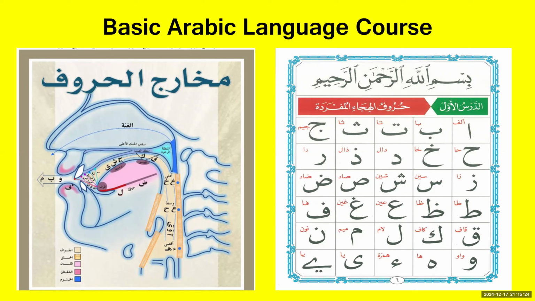Alif, ba, ta, tha, jim, ha, kha. This one is jim. Yes. Jim. Okay. Salim. Alif, ba, ta, tha, jim, ha, kha. Very good. Shakil.